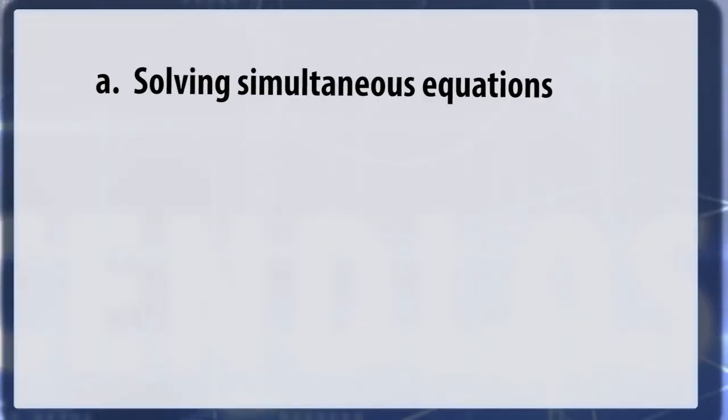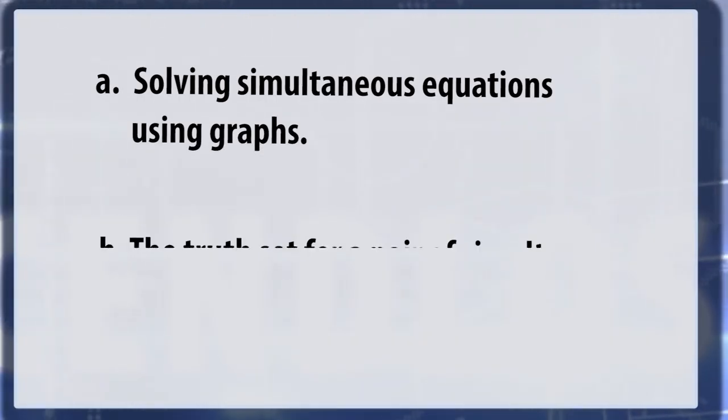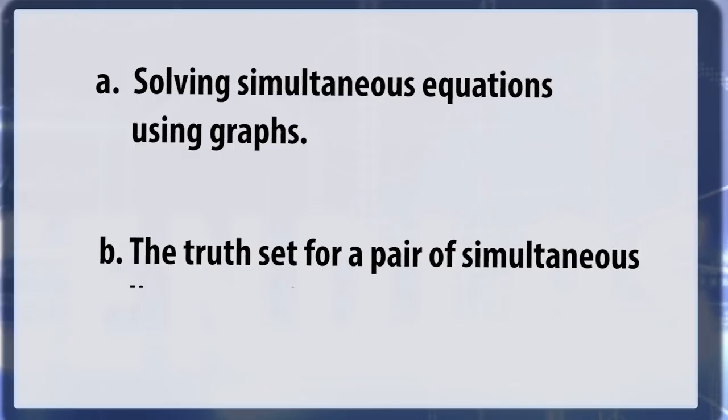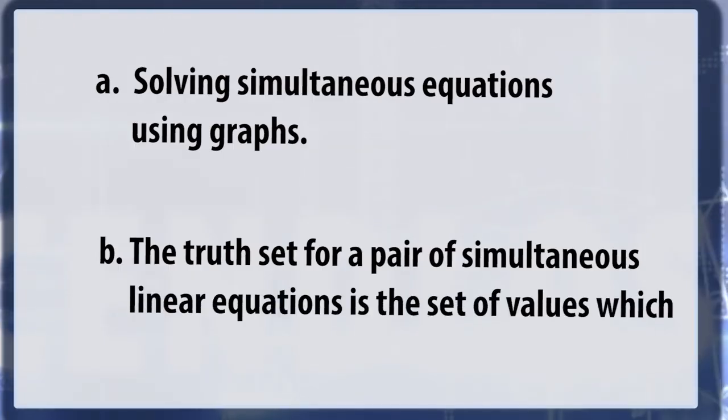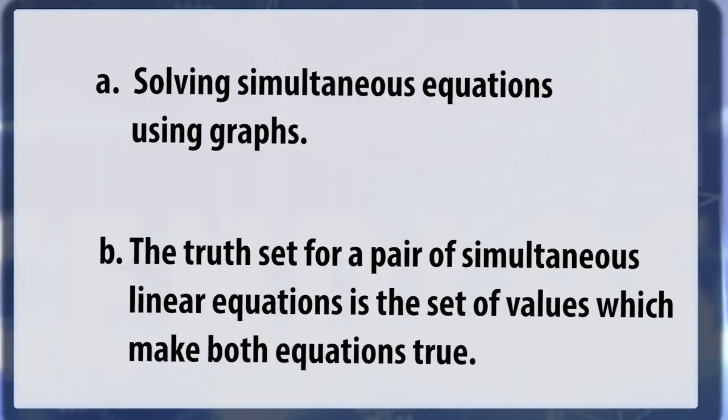Now, I want us to take a quick look at what you have done so far. In this lesson, we studied how to solve simultaneous equations using graphs. And we said the truth set for a pair of simultaneous equations is the set of values which make both equations true.